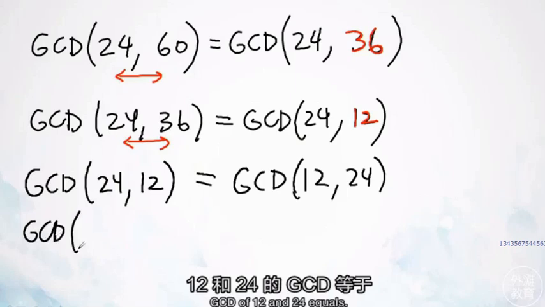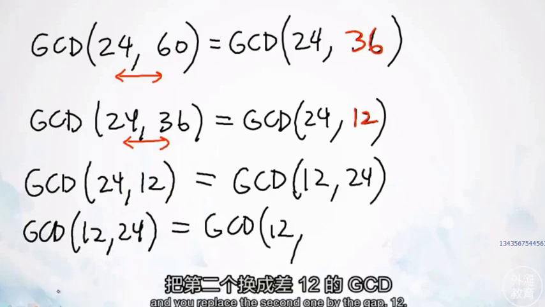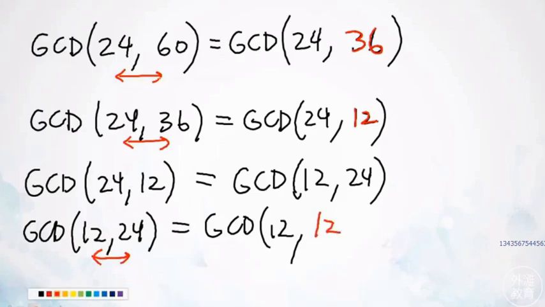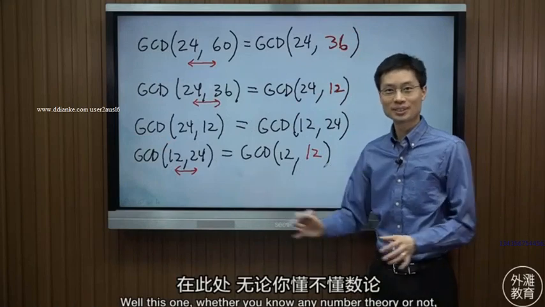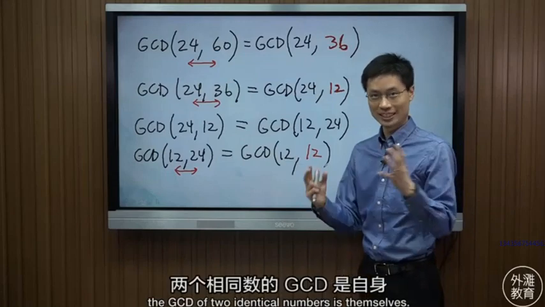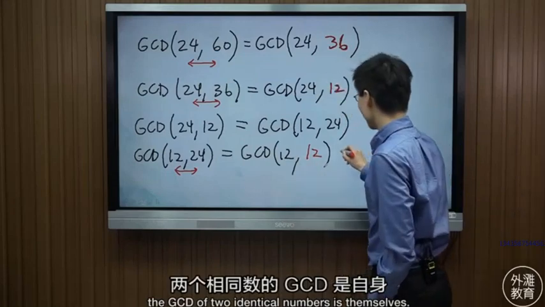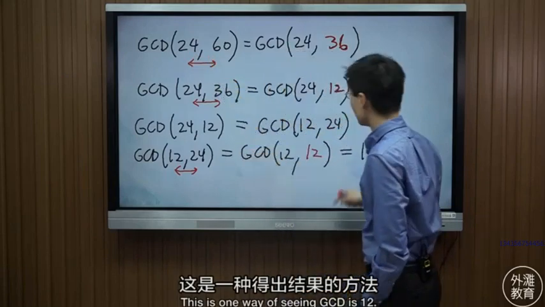GCD of 12 and 24 equals GCD of, you keep the first one and you replace the second one by the gap, 12. Now this one, whether you know anything about number theory or not, the greatest common factor of two identical numbers is themselves. This is one way of seeing the GCD is 12.